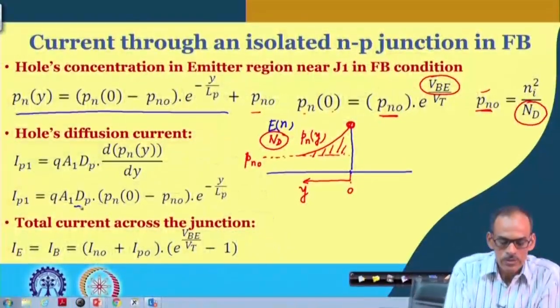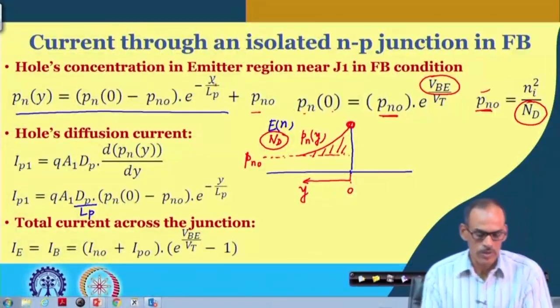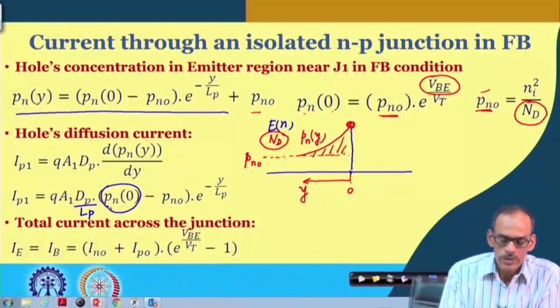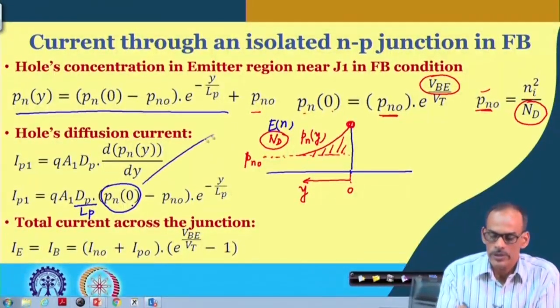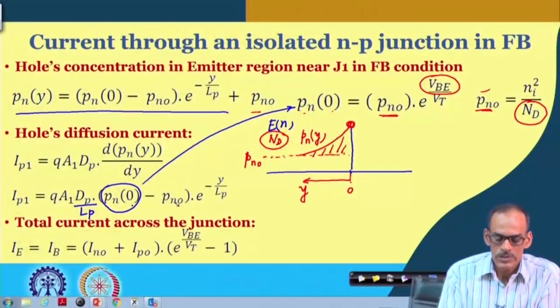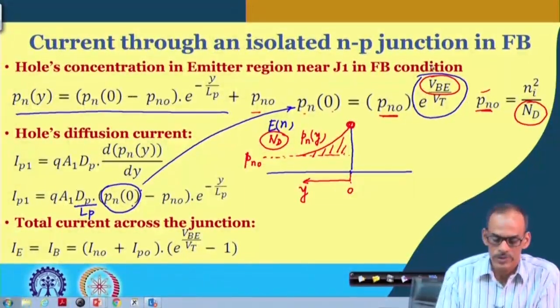If you take the derivative, along with D_p, we will have L_p in the denominator, because we have e to the power minus y divided by L_p. And so, if you replace p_n at x equal to 0 by its corresponding expression here, what you get is p_n0, and then you can take p_n0 out, and in this position we will have e to the power V_B by V_T. Thank you.